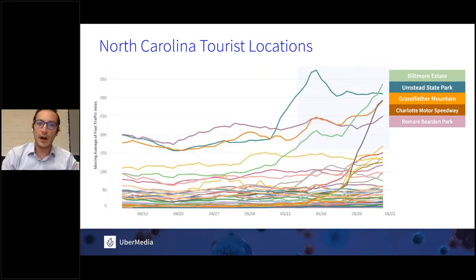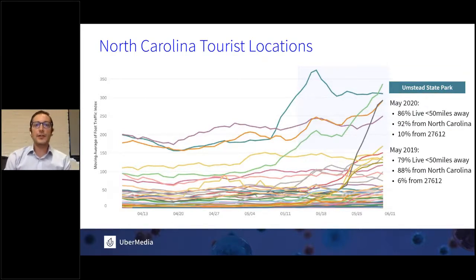But interestingly enough, on Umstead, I wanted to look a little bit more about why we might not be seeing as much sustained growth. So comparing now year over year is what we're going to do. We're seeing, again, similar to the economic development side, a much more highly concentrated local visitor coming to Umstead State Park.